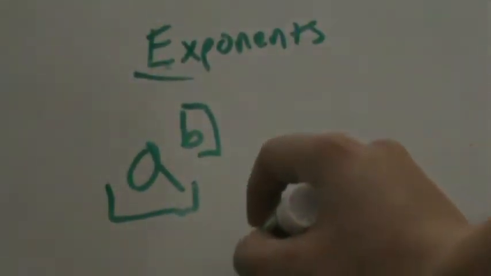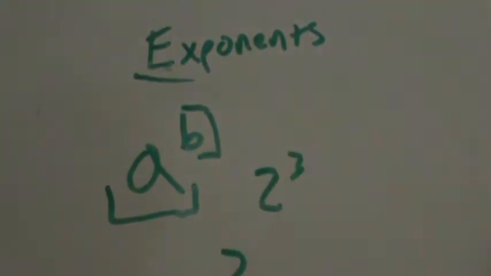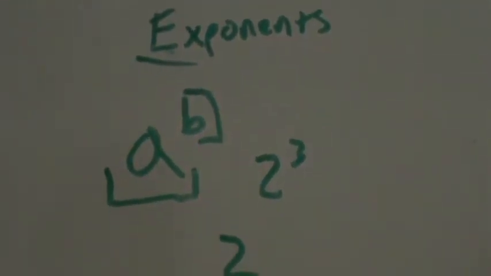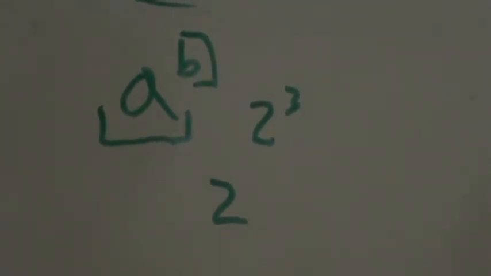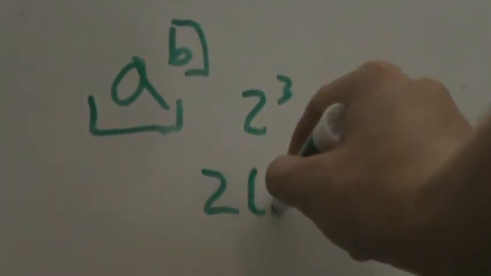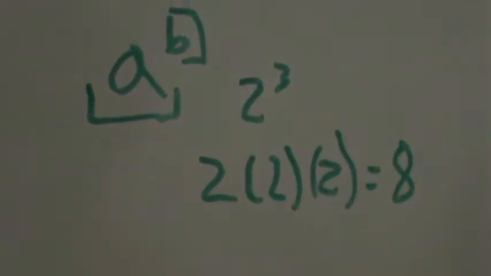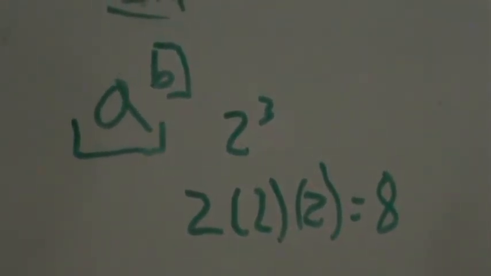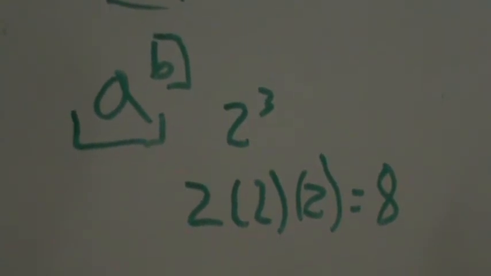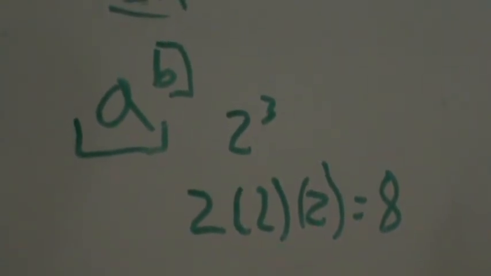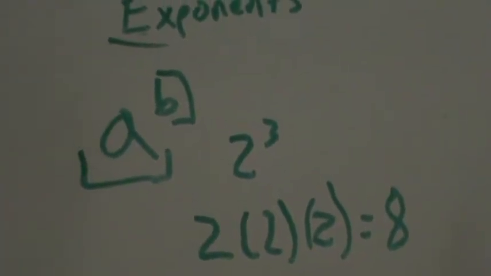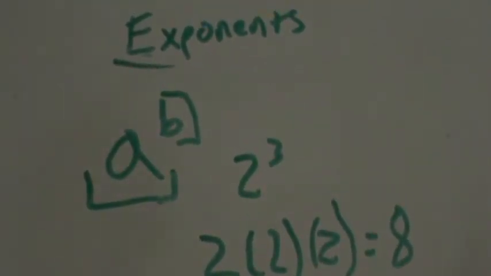So let's say this is 2 to the 3rd in this situation. Well, your A says you have 2. And what your exponent tells you is how many times you're going to multiply it. Well, it says 3 here, so we have 2 times 2 times 2, and this is equal to 8. So basically the exponent determines how many times you're going to multiply the number by itself.